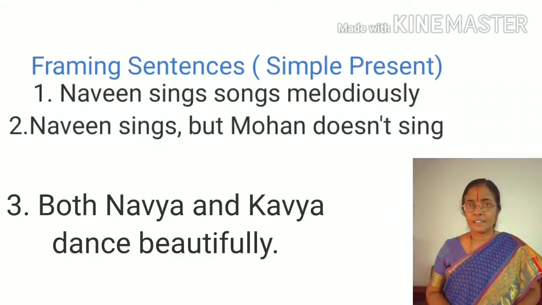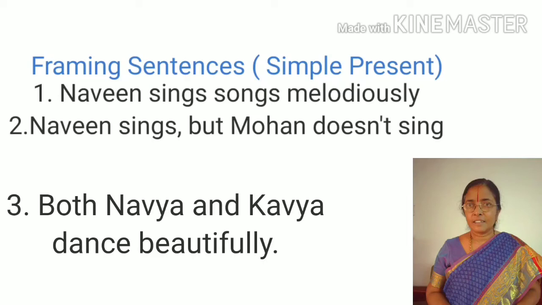If the subject which is used is proper noun, how to frame sentences? Let us see the examples there. Navin sings songs melodiously. Here Navin is subject and it is proper noun. And we are talking about one person, so we have to add s to the verb. It is statement, right? Come to the second one.